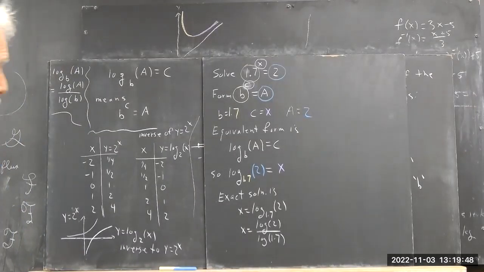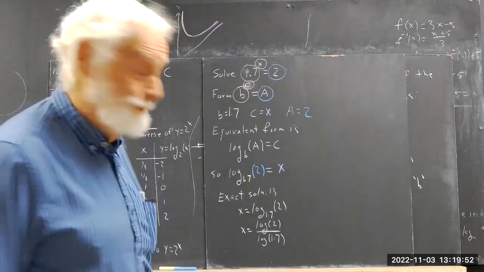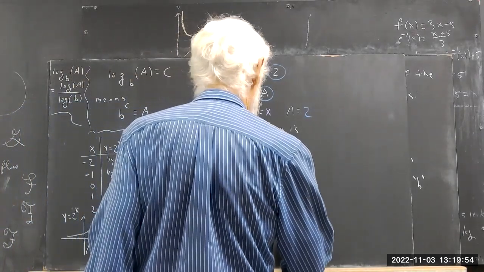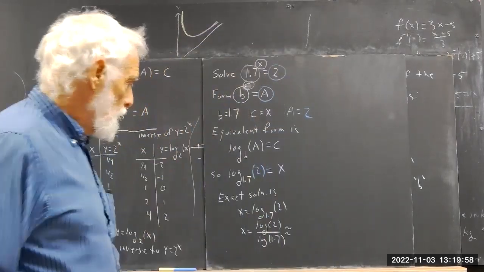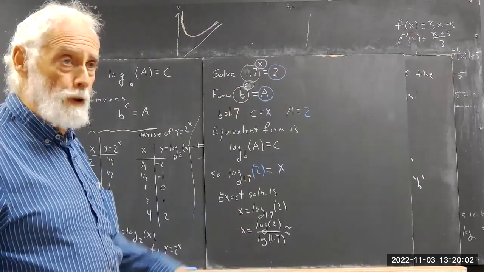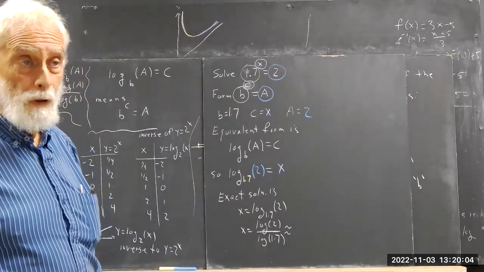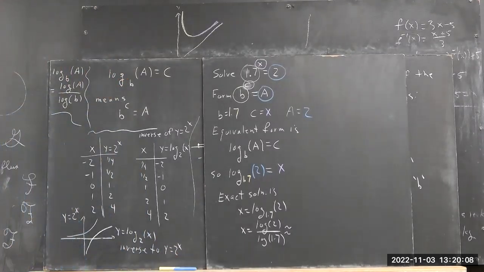And now you've got a log button on your calculator. So you write out what's the log of 2, what's the log of 1.7. Log of 2 is somewhere around 0.3, pretty close to 0.3. Log of 1.7 is somewhat less than that.